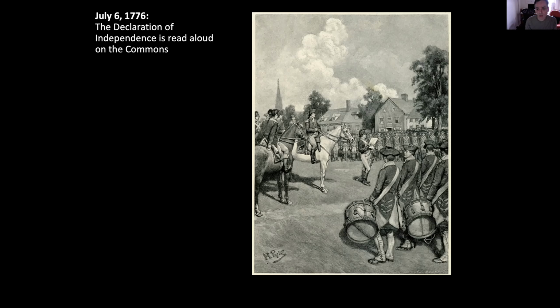And Washington, that is, George Washington, who was in charge of the Continental troops and who had come there from Boston, assuming that the British were going to invade New York City, had someone read the Declaration of Independence out loud to his troops assembled at the Common.